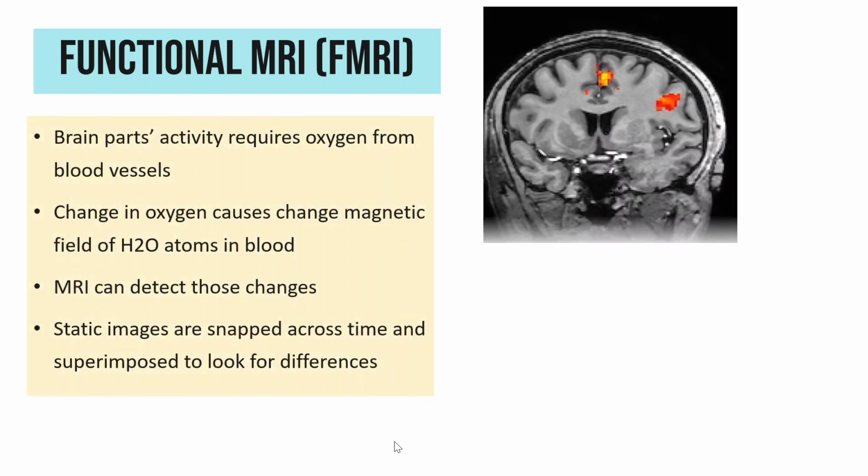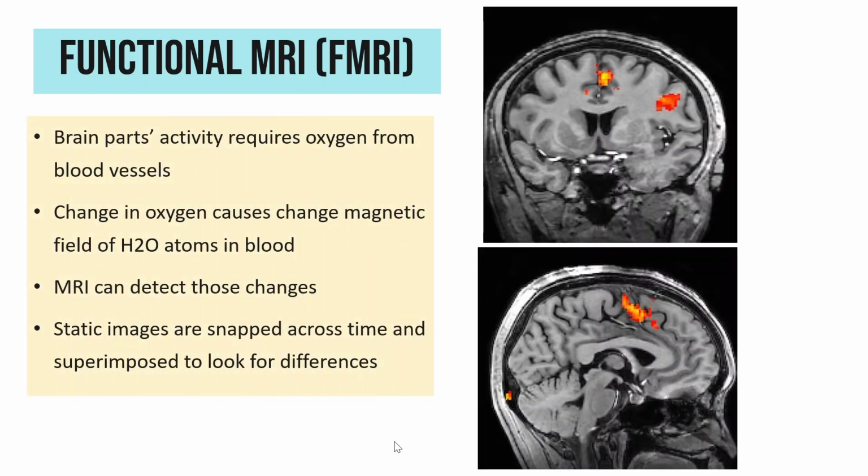The other one we have is functional MRI. In it, we map out brain activity as required by the oxygen supplied by the blood vessels, because to perform any form of physiological activity you require oxygen from your blood.